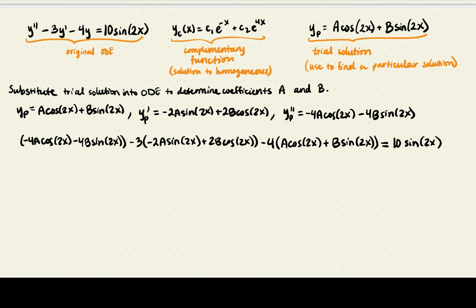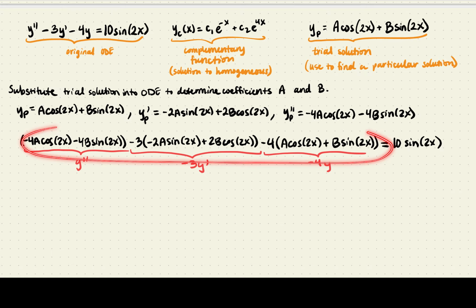All right, so just to recap, this portion here is y double prime, this portion here is minus 3y prime, this portion here is minus 4y. So you can see it is the left-hand side of my original ODE, and I've substituted in y sub p.